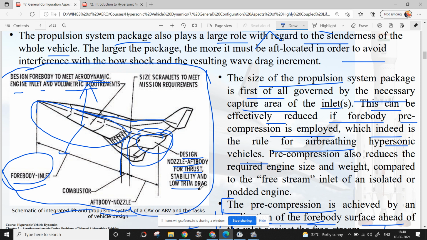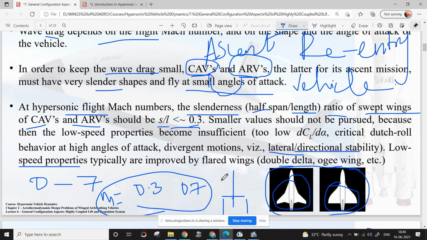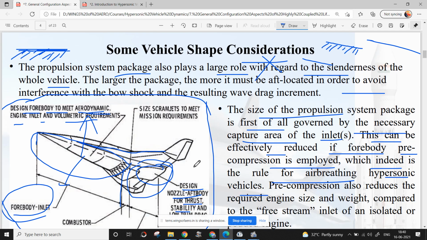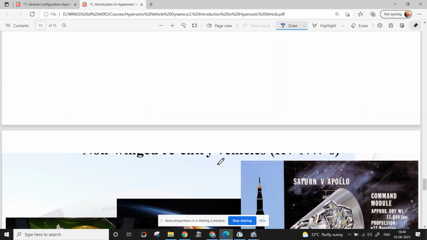So first thing you need to understand is that in the cruise and acceleration vehicle, or CAV, we have a slenderness ratio less than 0.3, and we are going with a double delta wing configuration or ogive wing type of configuration. So in the Sanger vehicle, all we are studying is the Sanger vehicle CAV.